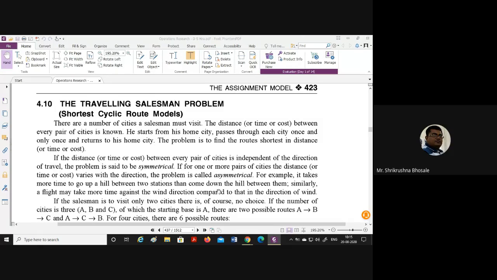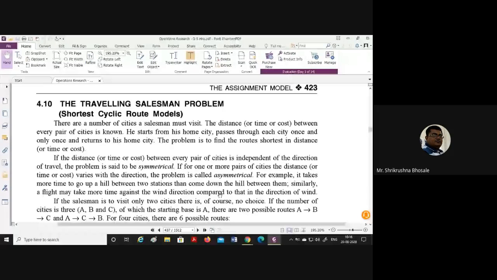So whatever diagonal values are there, these are 0. Then this problem may be called a symmetrical problem. And if for one or more pairs of cities the distance varies with direction, the problem is called unsymmetrical. So that part we will go into later, what is symmetrical and what is unsymmetrical.